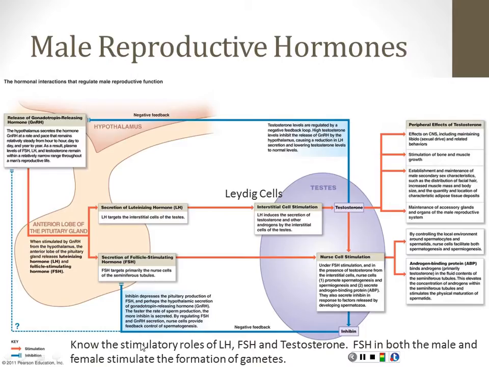Now, one of the reasons why not very much breakthrough has happened in male birth control from a hormonal standpoint is because the system evolved to produce hundreds of millions of sperm every day, when it only takes one to create a pregnancy. So the problem with hormonal control in the male is it has to be complete.